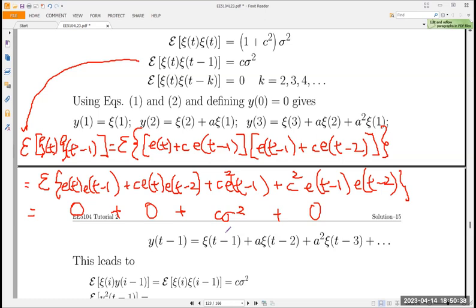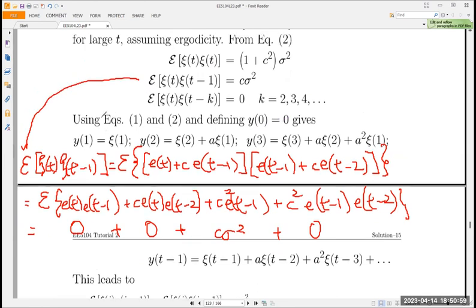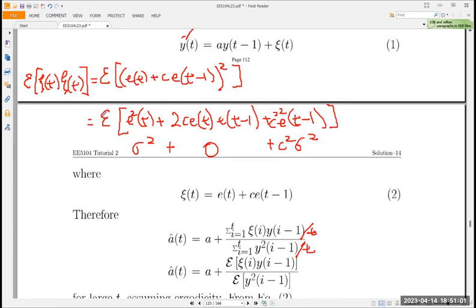Now the next thing we want to do is, okay, we need to find out, if we assume that the first sample y0 is 0, then what is y1? So you use equations 1 and 2.